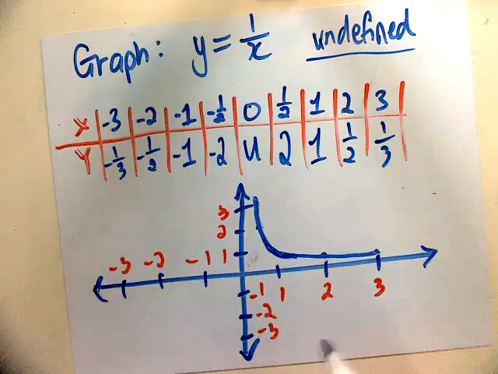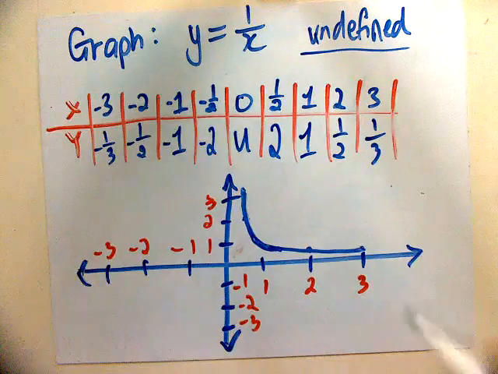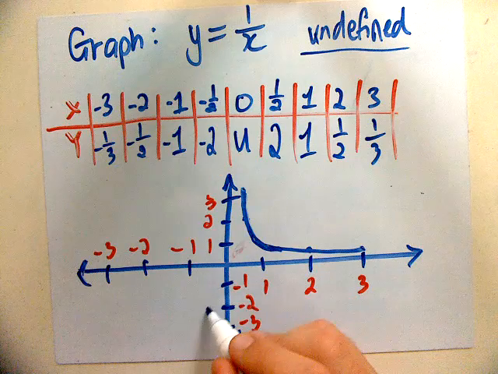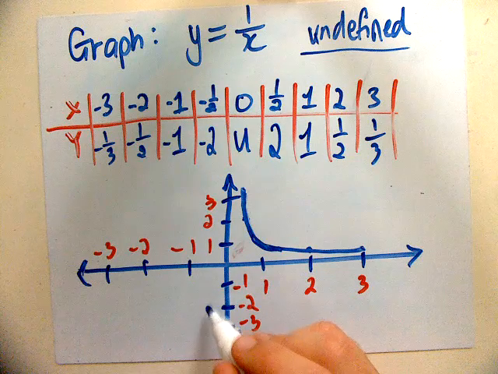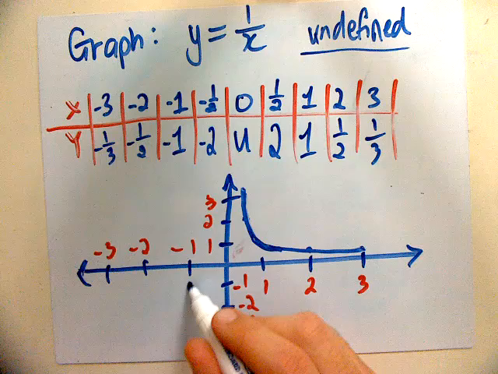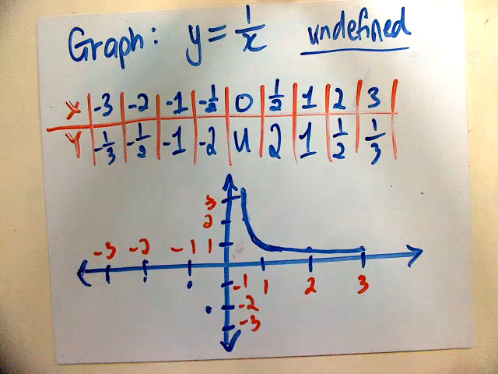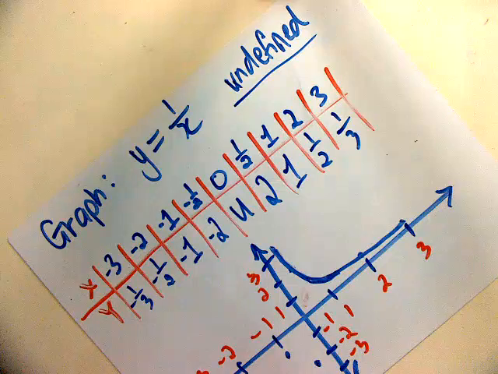So I'm going to go the other way here and graph it now. Again, x is at -1/2, that's at -2. X is at -1, it means that's at -1. -2 means at 1/2, and then here again. So let's graph this.